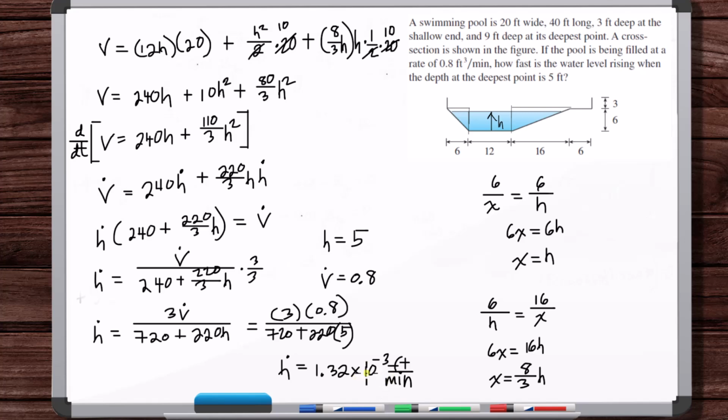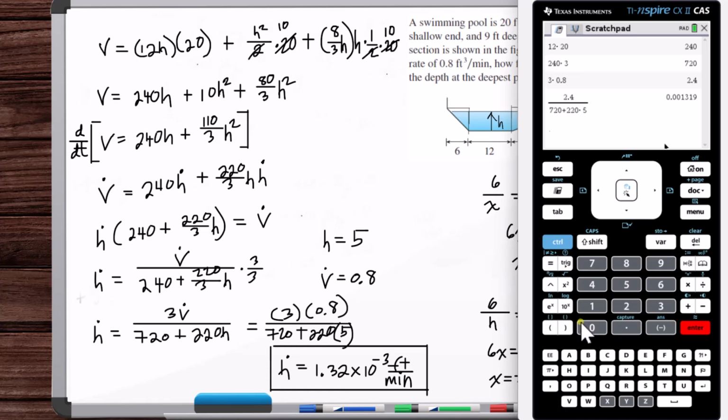If I was reporting this to somebody, we could change this. This is the answer the textbook is going to give you, but we could change this to feet per hour. There are 60 minutes in 1 hour, so we multiply this times 60. That's 0.079 feet per hour. Let's multiply that times 24.